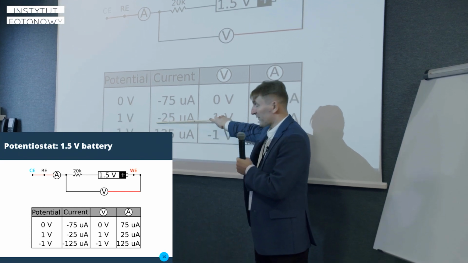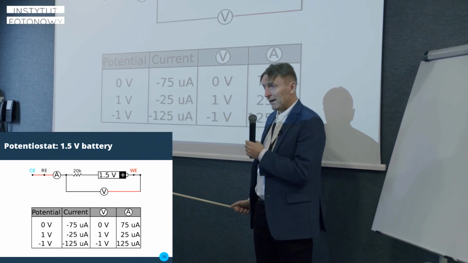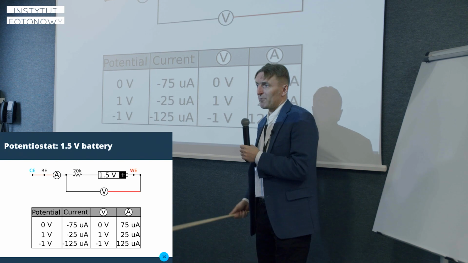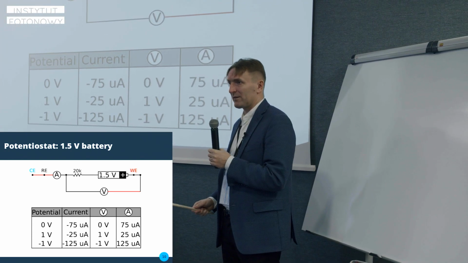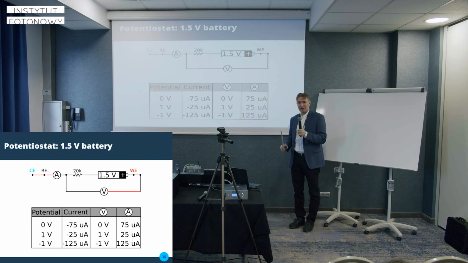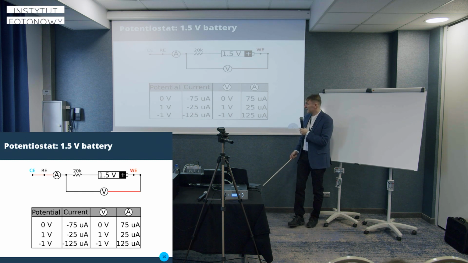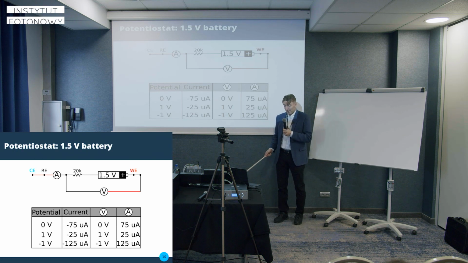However, potentiostat shows the opposite sign. And I rarely agree with the conventions set in different fields, but especially in chemistry. But in this case, the chemists are on the right side of the force. And I will show later on why.